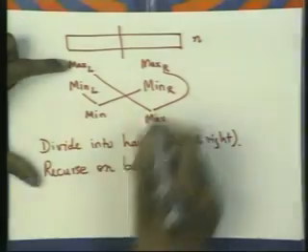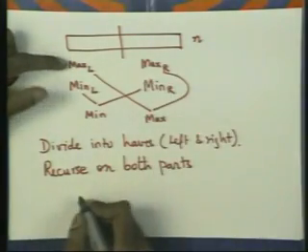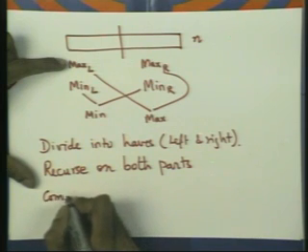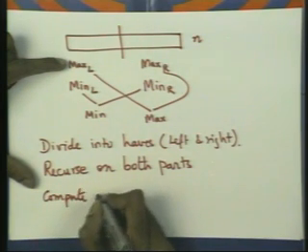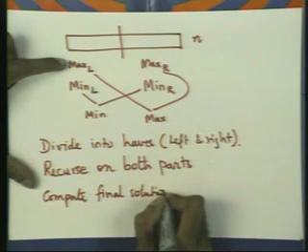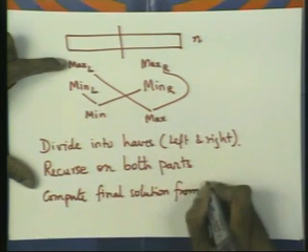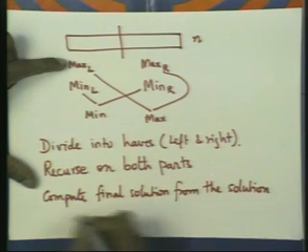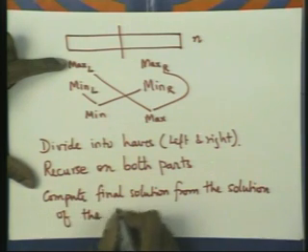Then put these things together to get the minimum and maximum, and then compute the final solution from the solution of the 2 parts.